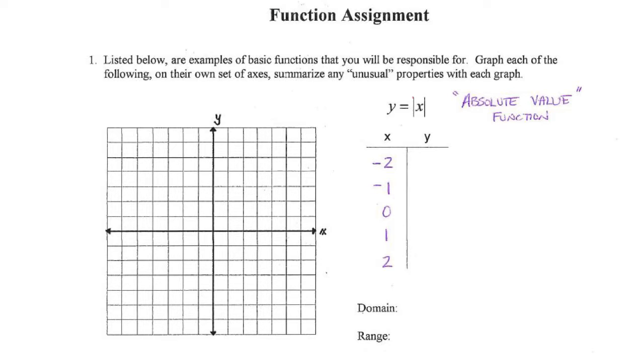The vertical bars around that x are the symbol of absolute value, and absolute value references the magnitude of something. The short form is we don't really care what sign it is, we just care about the number. So we're looking at the magnitude of a value.